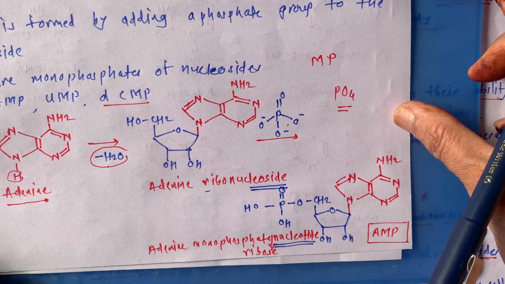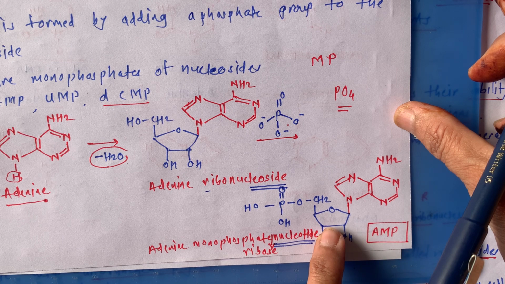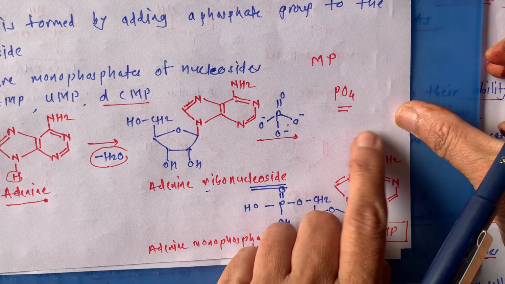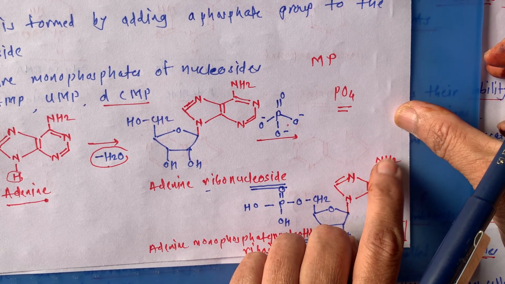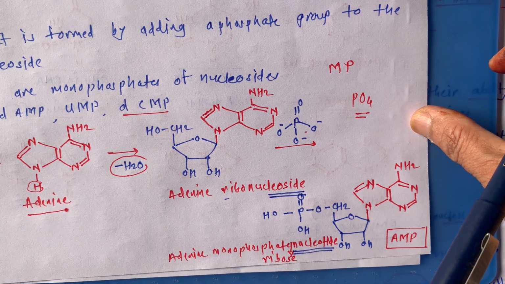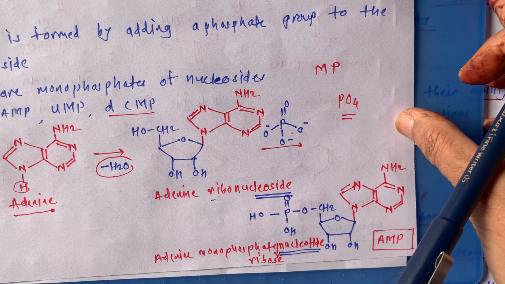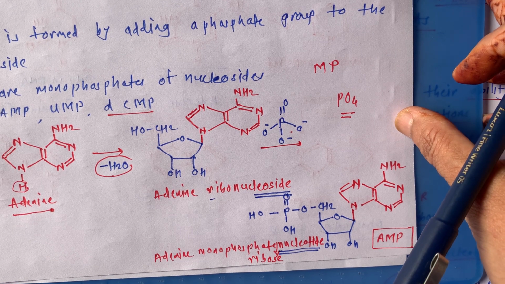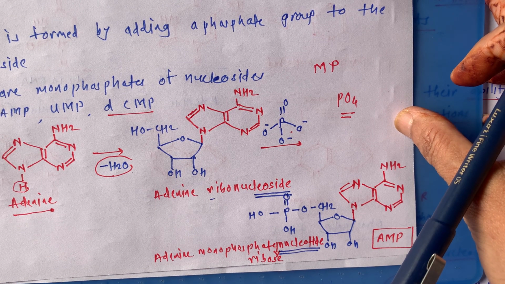When we are going to use D-ribose, this base is going to remain same. Only here it is adenine, you may use adenine, or guanine, or cytosine, or uracil, or thymine. You may use means it may be present over there.